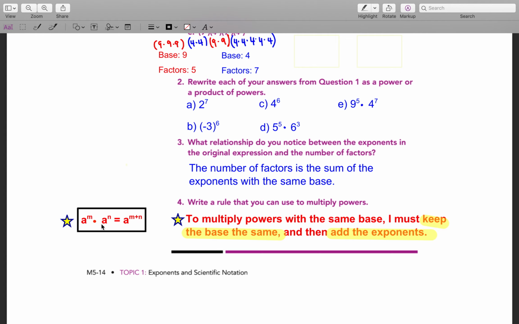The a's are the same base that you're keeping, and m and n are different exponents that you have to add. So when we're multiplying powers, we have to keep the base the same and just add the exponents. This is an important rule that you should keep in mind.